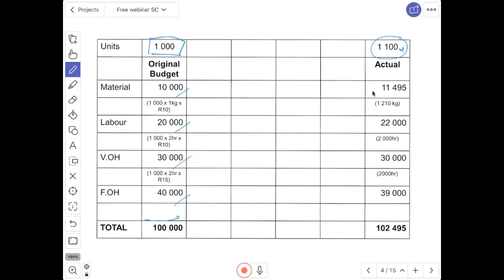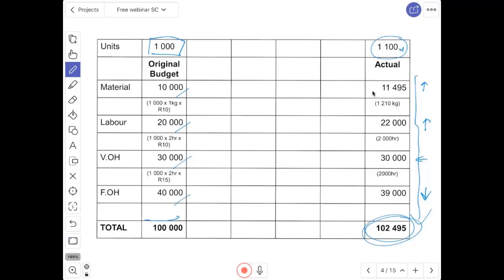And then we look at our bank account, and we look at our statement of comprehensive income, and we see we spent a little bit more on material, a little bit more on labor, variable overheads was spot on, and we saved a little bit on fixed manufacturing overheads. But in total, we overspent by 2,495. So that's not good. We spent more than what we budgeted for.